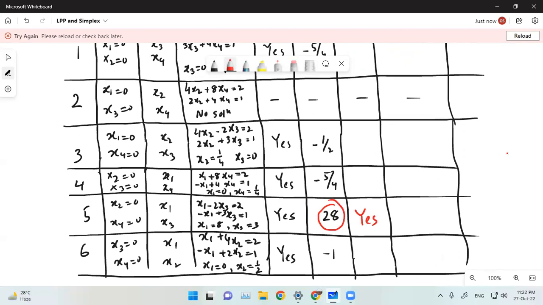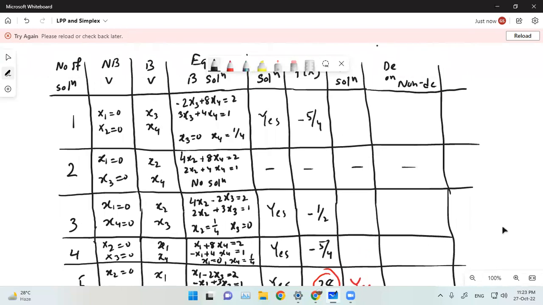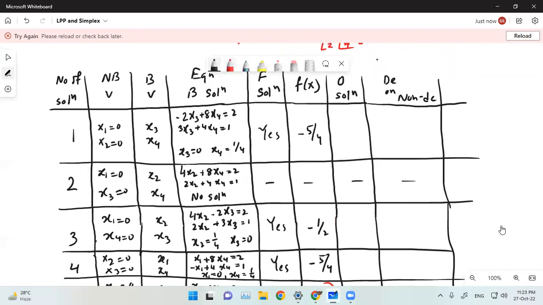And now whether degenerate or not. For the degenerate case, we have to check whether we have additional zeros in the basic variable. So basically, you can see that in the first case, this is 0. So this is basically degenerate. There is no solution.